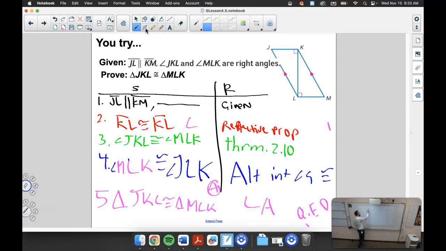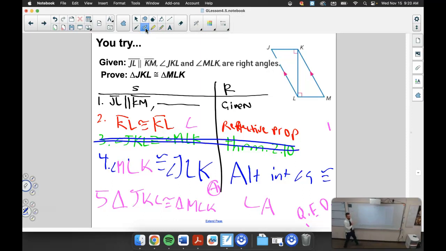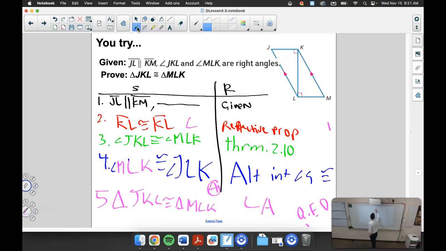Notice for what Michael did, which is perfectly fine, you do not need this step at all. You've got your leg, you've got your angle, and therefore the triangles are congruent by this. If you wanted to use this step, then what you would say on the bottom is angle, side, angle.